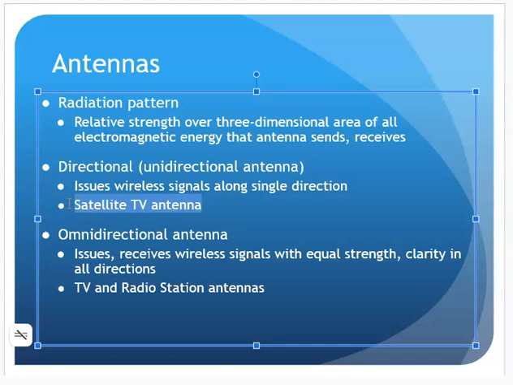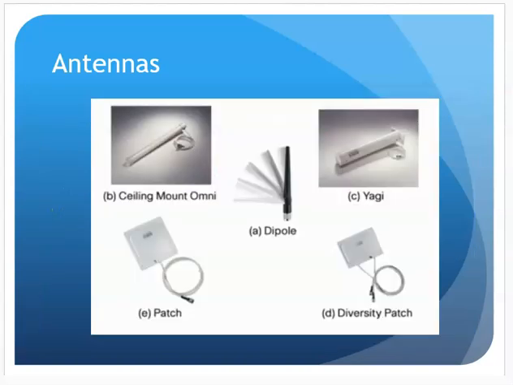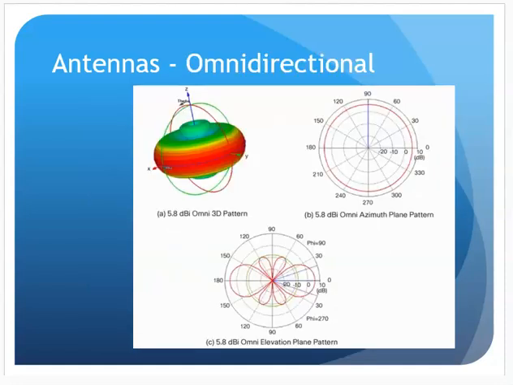Access points are often like that, as well as TV and radio stations, which broadcast their signal through the air in all directions. So different antenna styles have different functions: focusing the energy in one direction, or broadcasting in all directions. As I have different wireless antennas, I want to be aware of their radiation pattern.